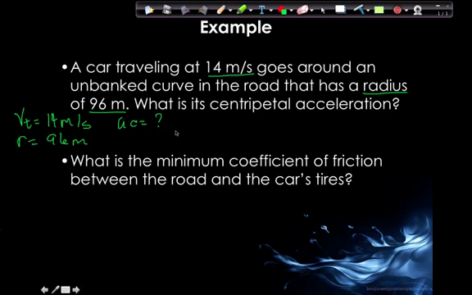All right, so I know centripetal acceleration is equal to VT squared divided by the radius. VT is 14. I'm going to square that, divide it by 96.